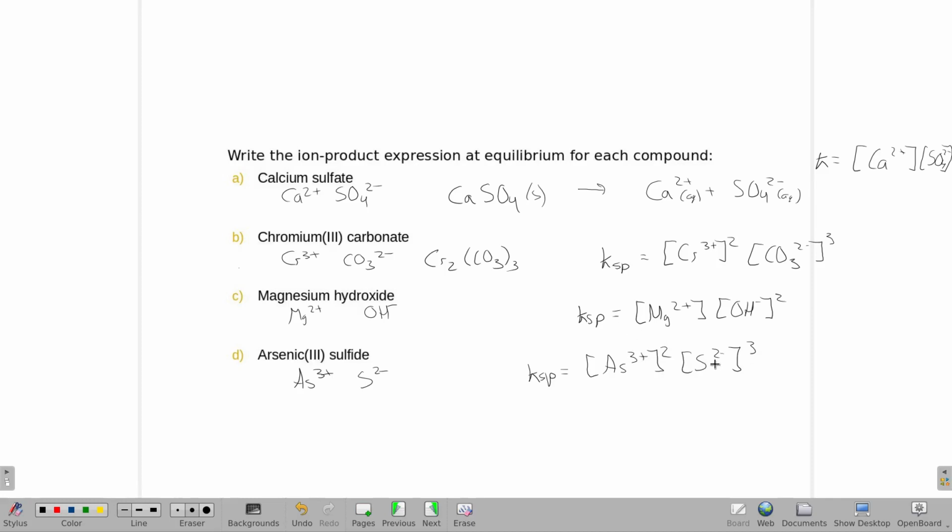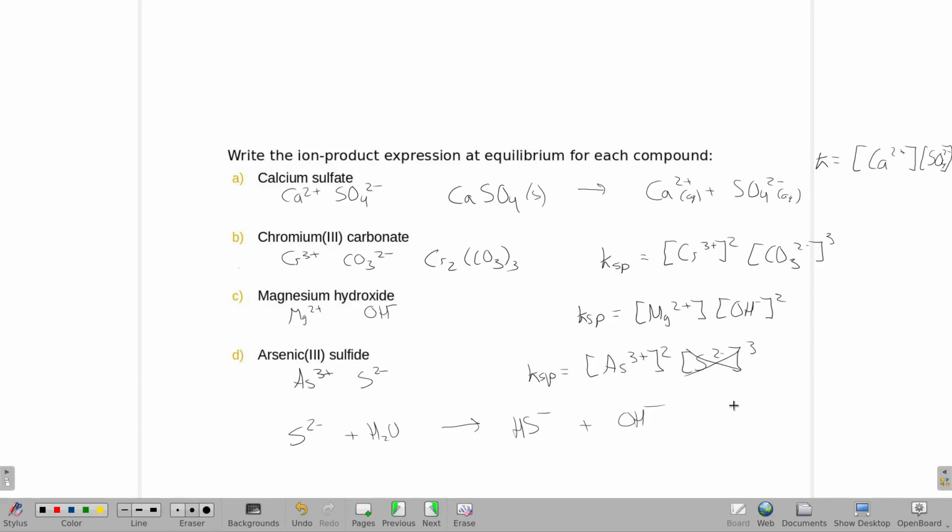Turns out S2 minus is a very, very, very strong base, and if I'm in water, it actually neutralizes itself. Water is an acid enough in this case that it neutralizes some of that very strong base of the S, and we end up with all the S2 minus gets turned into HS and OH. So, because of this wonderful thing, this is never in a KSP.